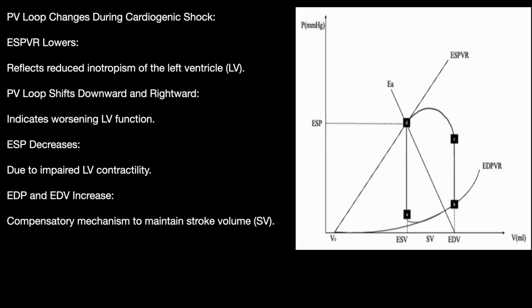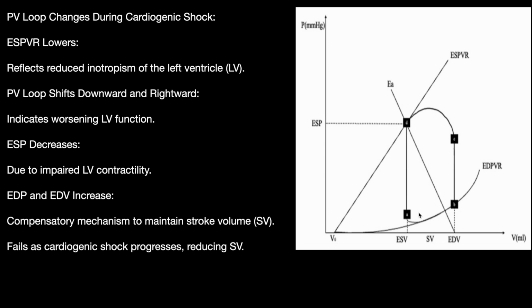The compensatory mechanism to maintain the stroke volume is an increase in the end diastolic volume. Because this is coming down, I have to shift this up to maintain my stroke volume. This has come down, this will go up to maintain my stroke volume. So it fails as cardiogenic shock progresses.